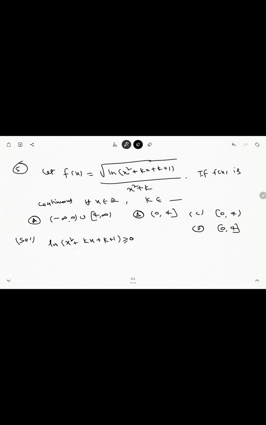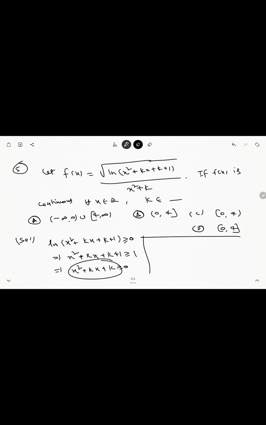Clear? So if you remove the logarithm, what do you get? x square plus kx plus k plus 1 is more than or equal to 1, because e power 0. So x square plus kx plus k is more than or equal to 0, because we can cancel that 1.